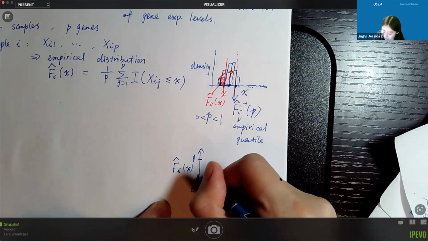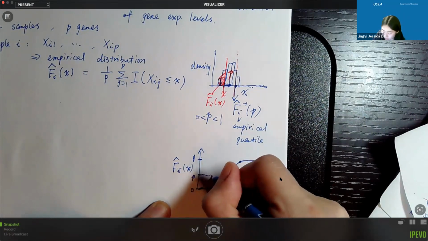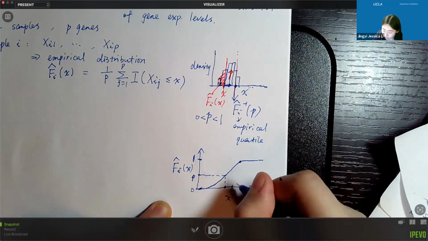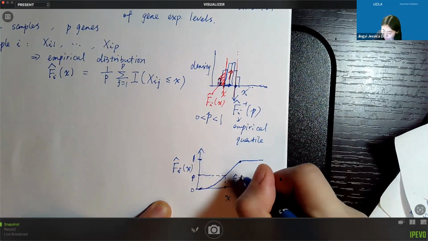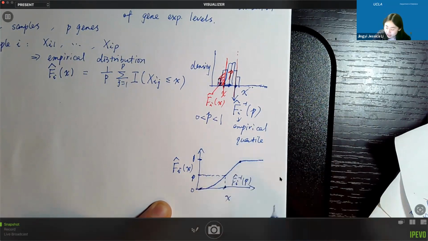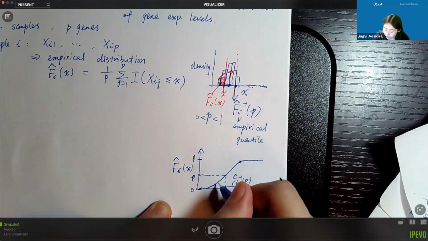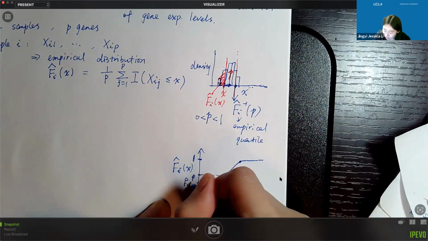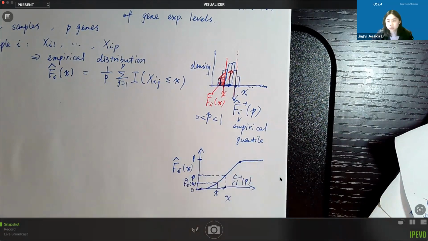Given p right here, I go here and look for it, and this is exactly F hat inverse p. I get a quantile. For another example, if my x is here, I can go to here, and that gives me F hat x. So there's a one-to-one correspondence between probability and the quantile.